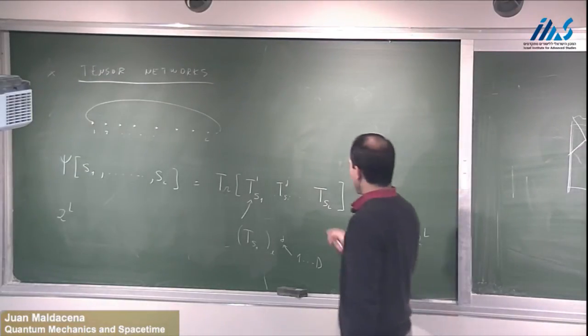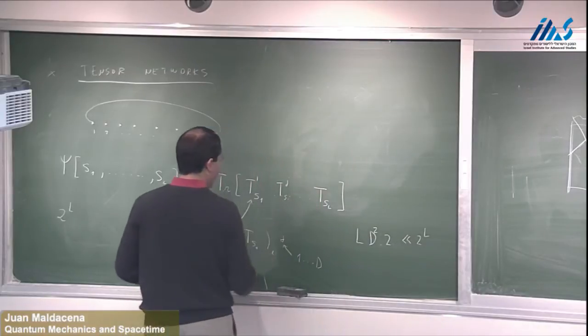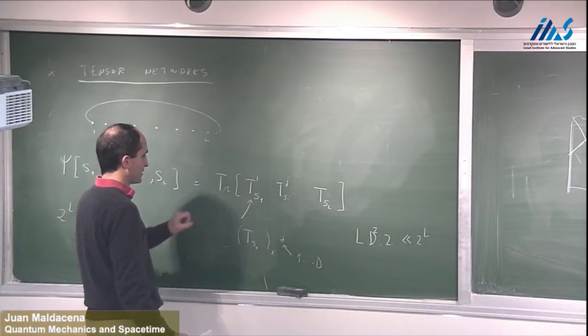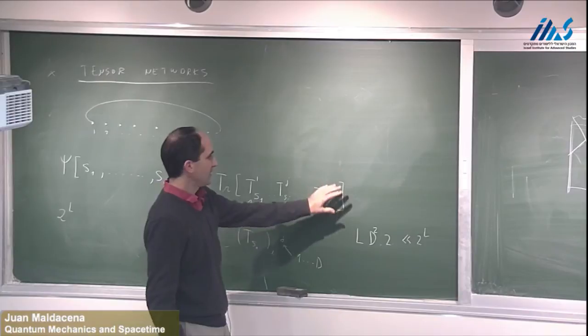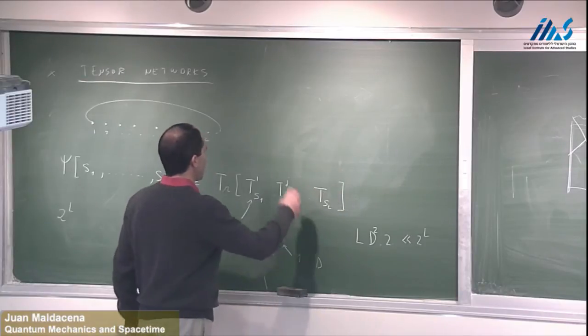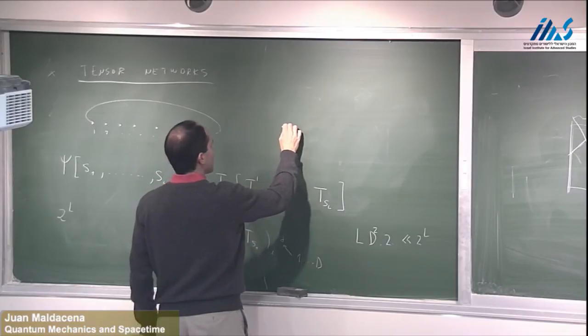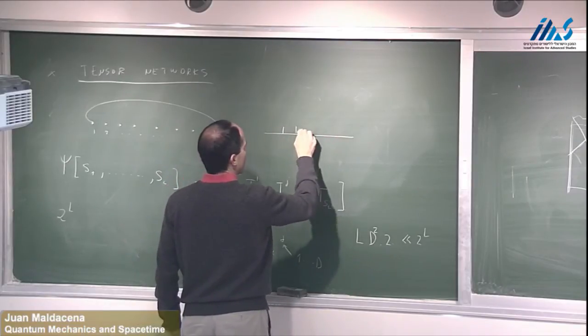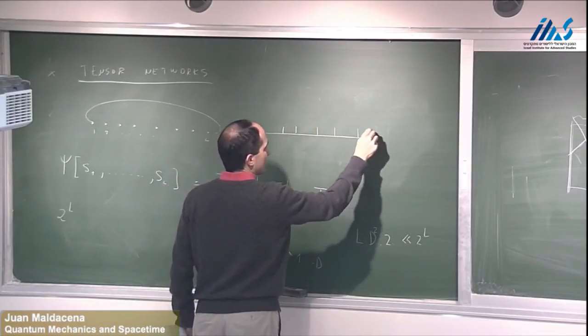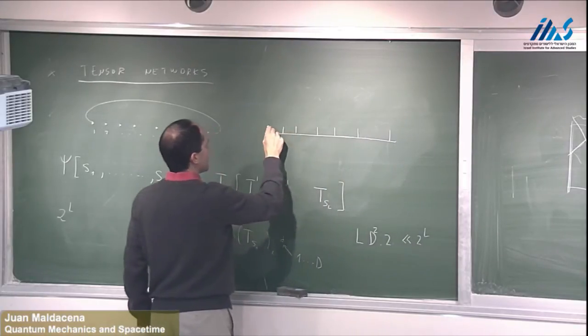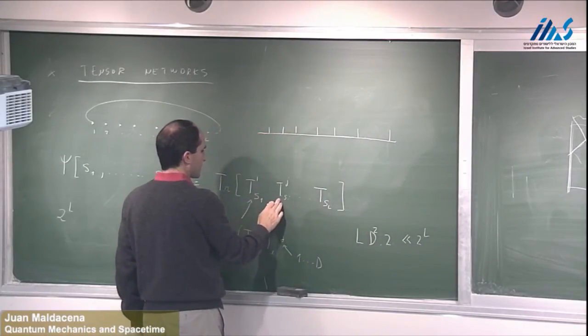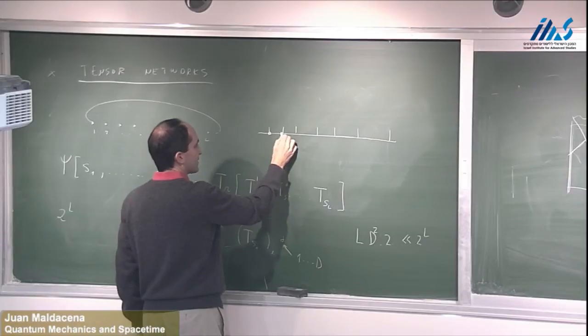Now, just in order to understand what kind of states this could possibly describe, let me first draw a picture for this. So a picture people draw for this is the following. We represent each tensor by a vertex.